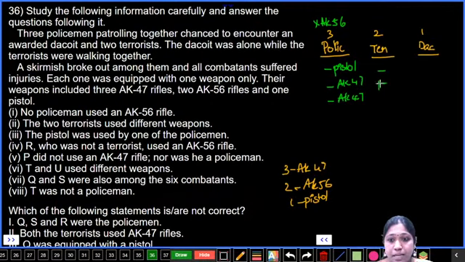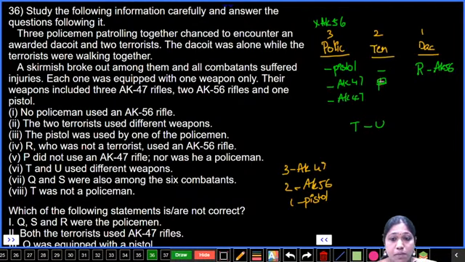So I'll place P in terrorist. R, who was not a terrorist, used an AK-56. R is not a terrorist but he used an AK-56. That means R will be the dacoit. He is using AK-56. And the next condition is T and U used different weapons. Q and T were not policemen.